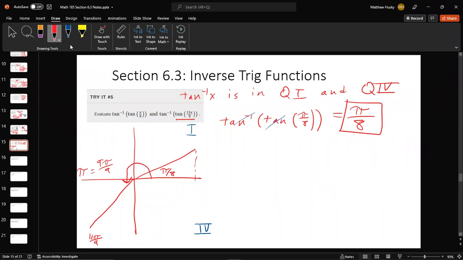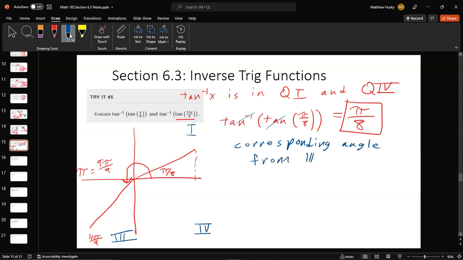But this is 11 pi over 9, and what you will notice is that this is in quadrant 3. And so the corresponding angle from quadrant 3 is in quadrant 1.